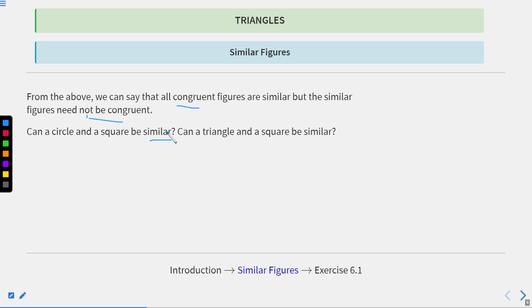So a circle and a square cannot be similar. Likewise, the shape of a triangle and the shape of a square are different, so a triangle and a square cannot be similar.